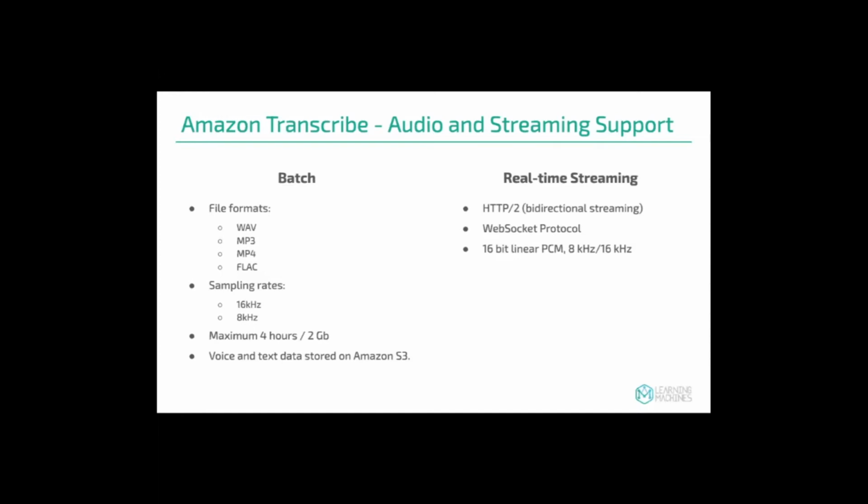Now, in terms of real-time streaming, you have the ability to create an HTTP2 connection or a WebSocket connection. Then you can transcribe voice in real time, which is quite useful if you have something like a news service, where you're trying to transcribe what is being said in real time. Or for instance, if you have a customer sales representative talking to a client, and maybe you want to get a textual representation of what is being said in real time.